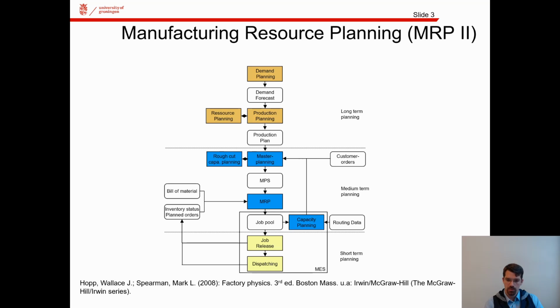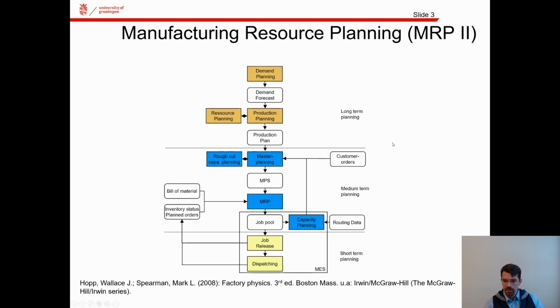For example, a tool breaks down and you lost capacity. Then in this capacity planning part, you can plan that you need, for example, overtime at the weekend, and then your employees are working at the weekend. And this is the so-called shop floor, which is the actual production. So here we are down at the machines, at the employees. They are producing what we have planned here so far.